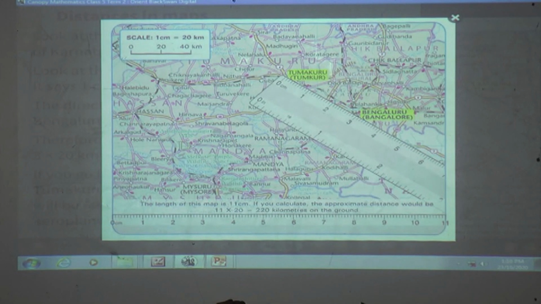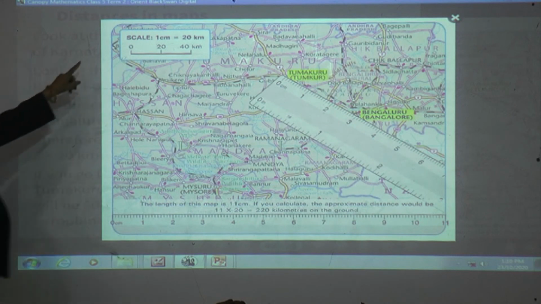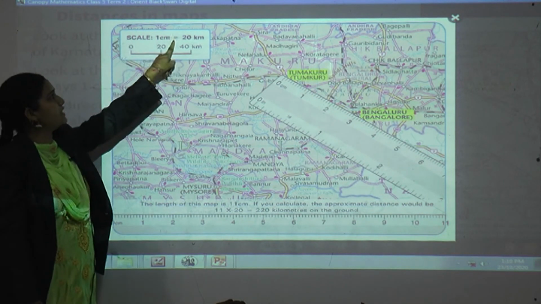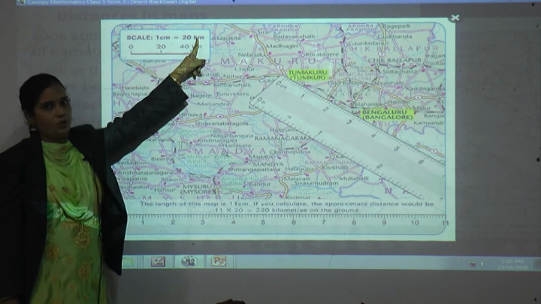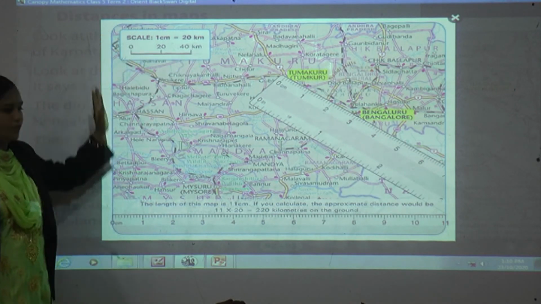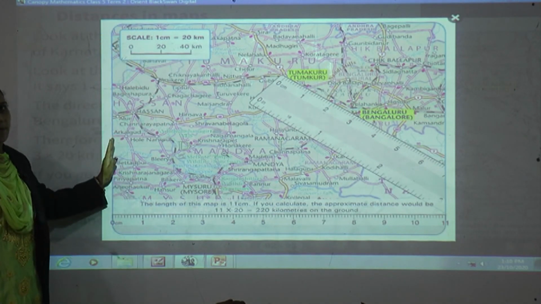Now students, look at the scale marked on top. It says 1 centimeter is equal to 20 kilometers. See here, scale: 1 centimeter is equal to 20 kilometers. So this is the scale of this particular map.